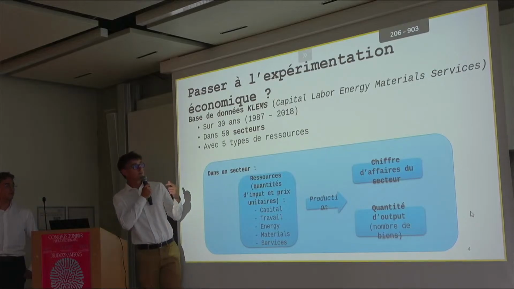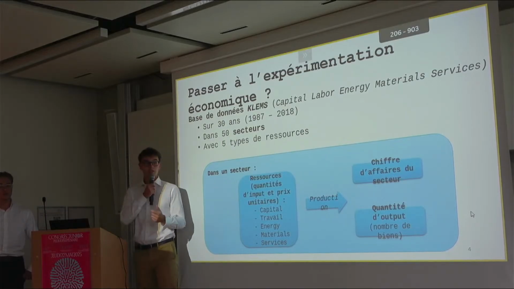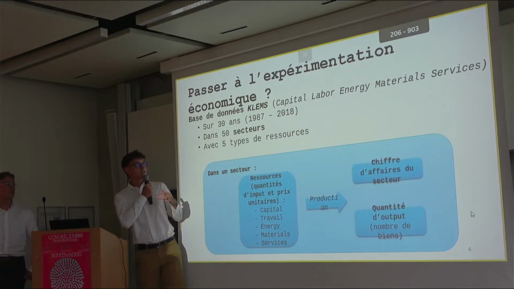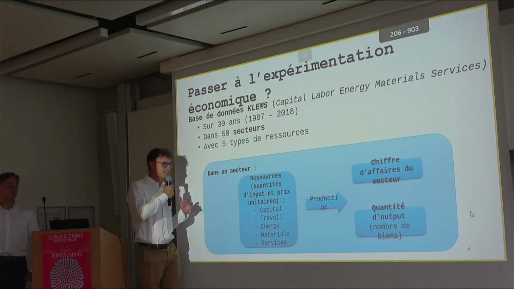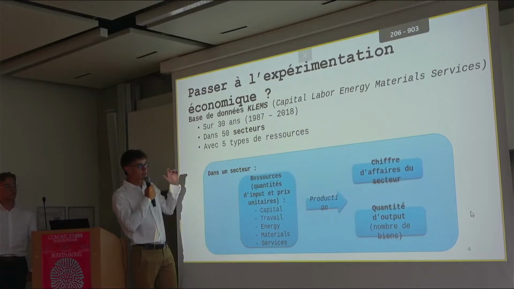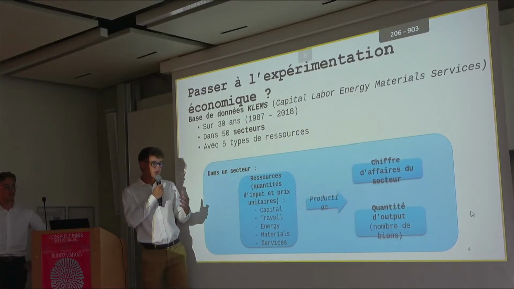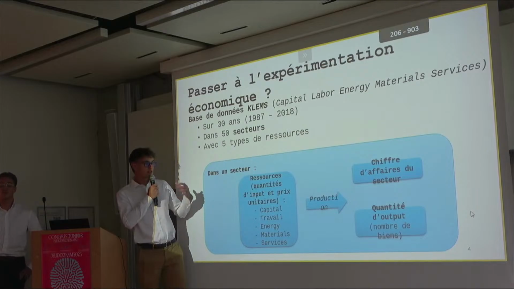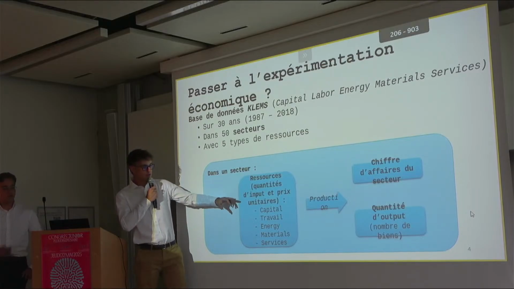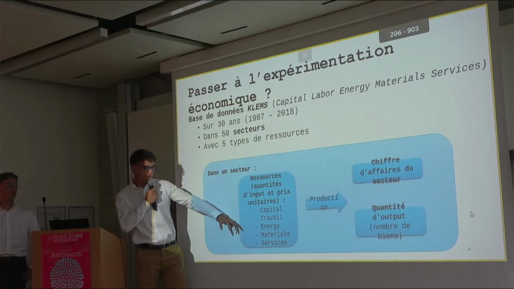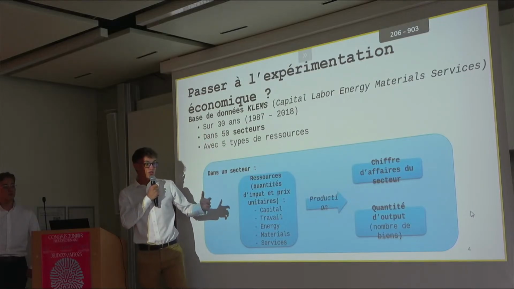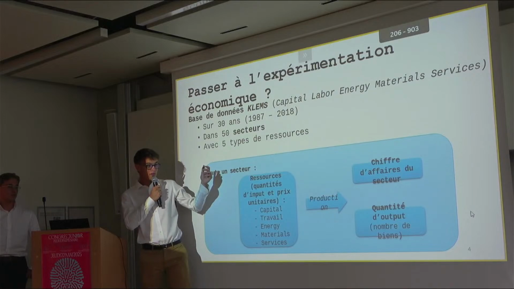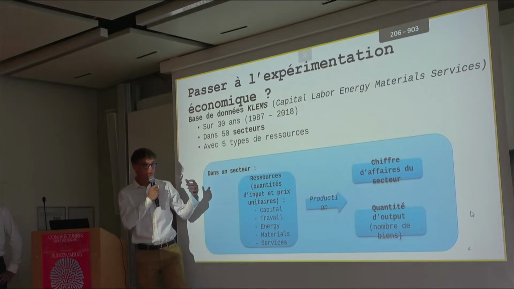These are projection data over 30 years, and it is separated into 50 sectors, and in every sector we have the data for the inputs that are used to produce in this sector, the five inputs that are the KLEMS, and we also have the production data, which are the quantity and the price of outputs that we produce.